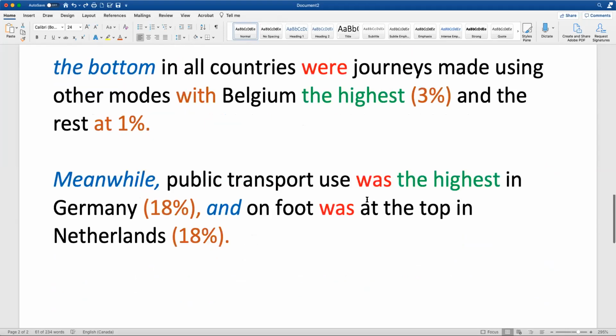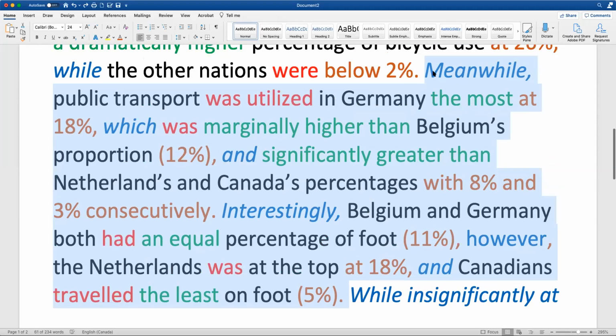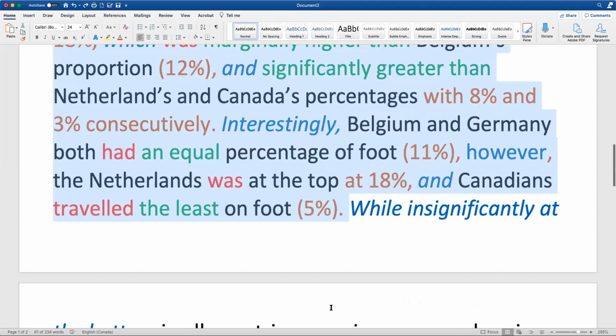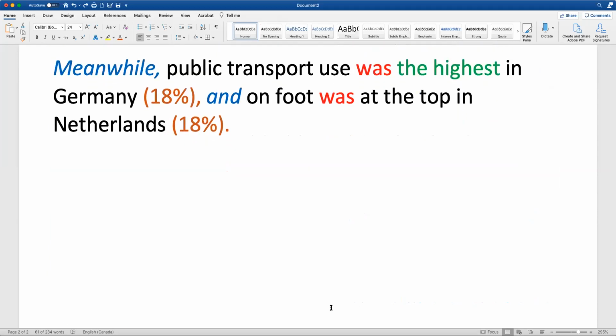So the other one I'm going to tell you again, where it says meanwhile and before while insignificantly, you can put this one if you only want to get 7.